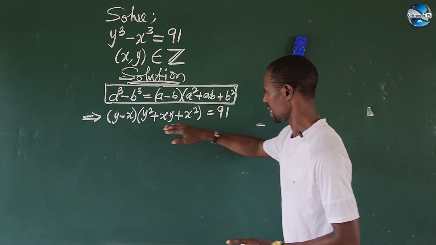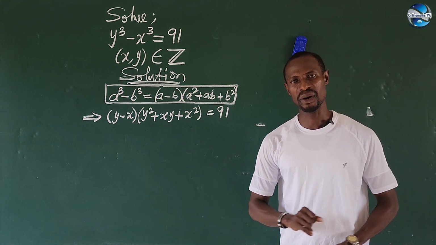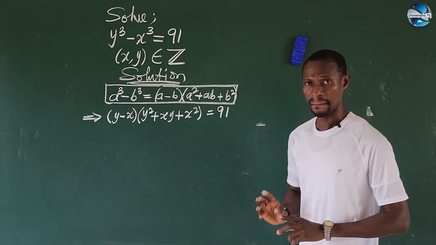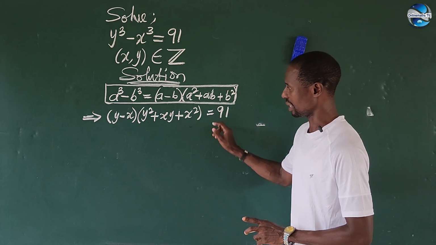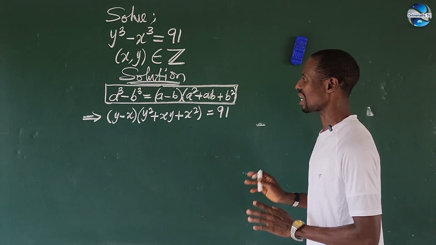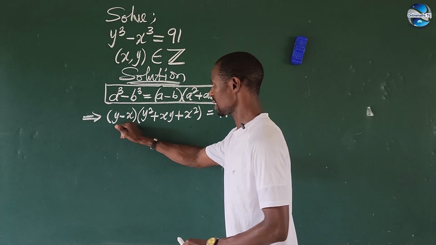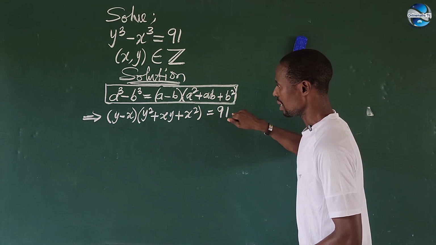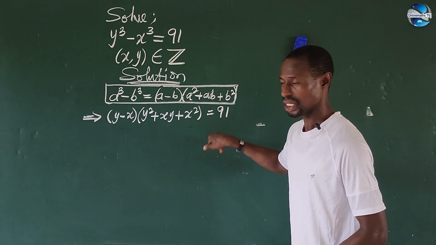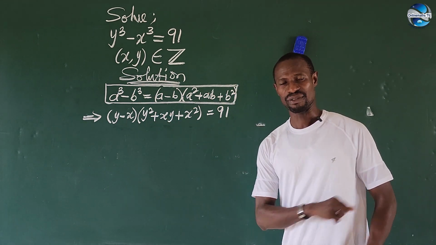Because we have this times this, we're going to bring out all the possible factors of 91. Because for us to get all the integer values of x and y, we're going to have some possibilities of this being equal to the factors of 91, and this equal to the factors of 91 also.